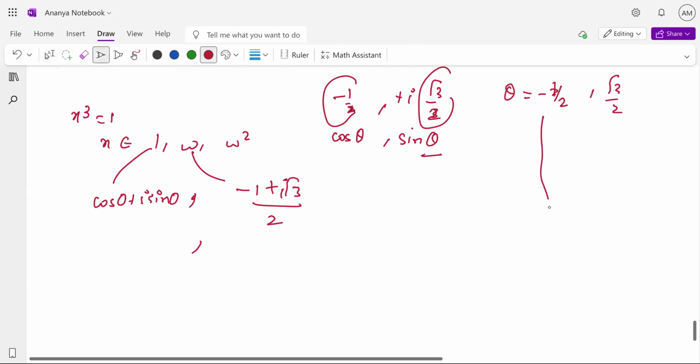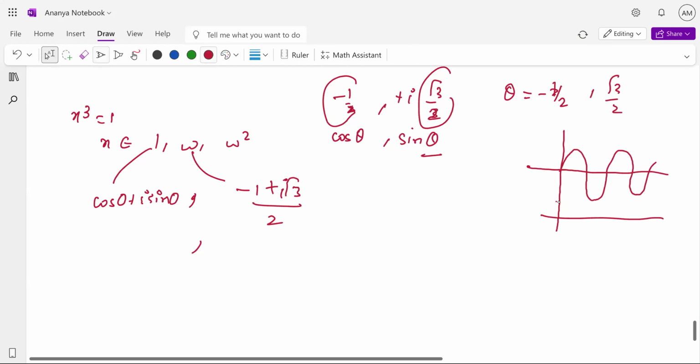So I'll take a graph, 60 degrees. This is what your sine looks like, and this is what your cos curve looks like. I want cos to be negative.